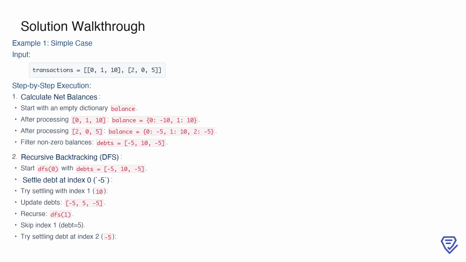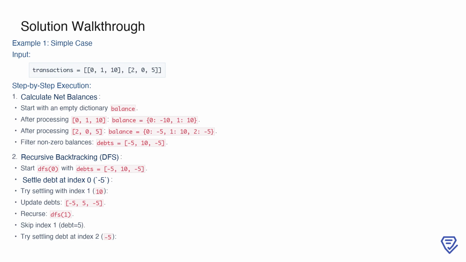To solve this problem, we start by calculating the net balance for each person based on the transactions. For the input transactions equals [0, 1, 10], [2, 0, 5], we initialize an empty dictionary called balance. After processing the first transaction, [0, 1, 10], person 0 owes $10, and person 1 is owed $10, so the balance becomes 0: -10, 1: 10.